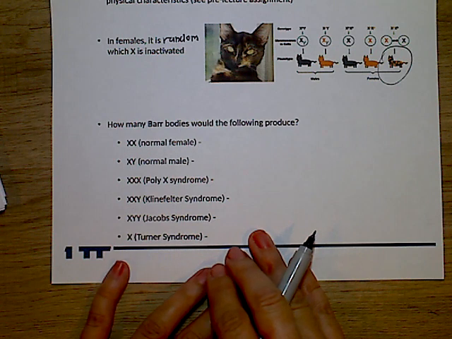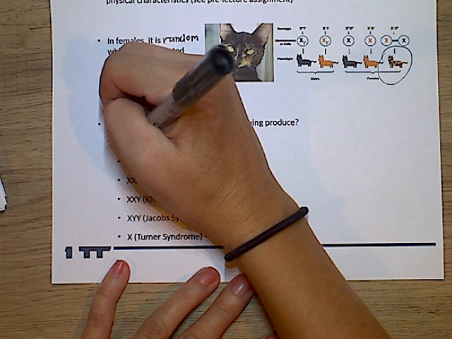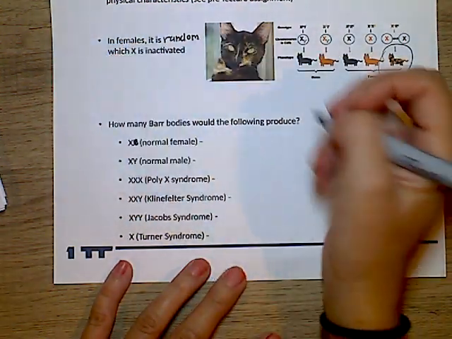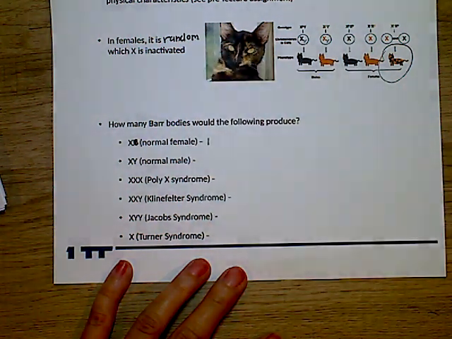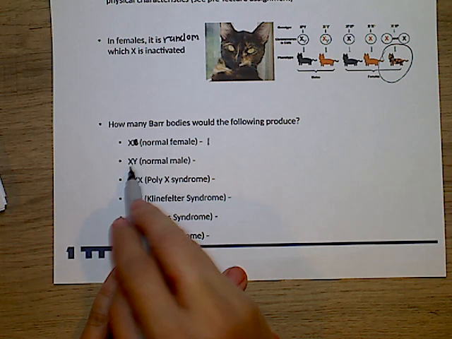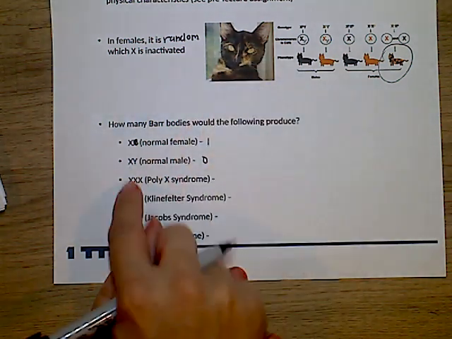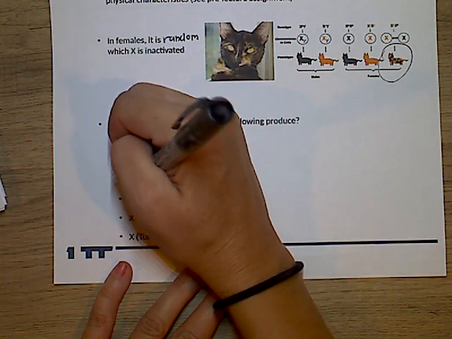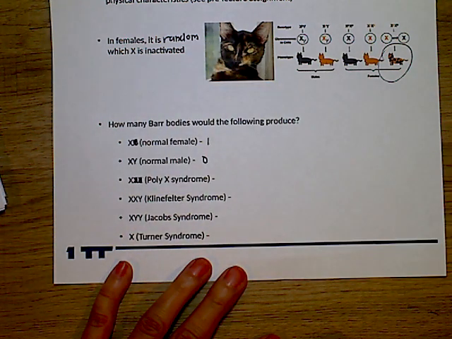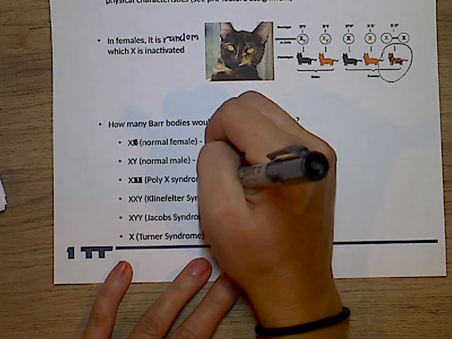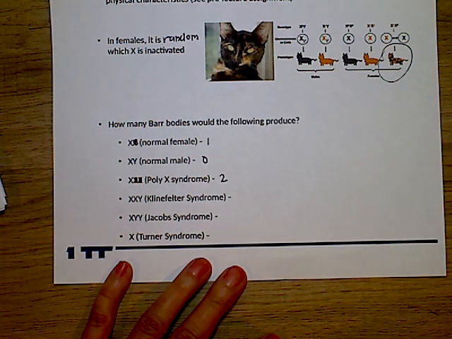So if you're asked how many bar bodies would the following produce, just if this works for you, just take 1 X out and see what you have left. You would have 1 here in a normal male. Wait, we can't take that 1 X out. This would be 0, because that's just normal male. Poly X syndrome, we would inactivate those 2, and that would leave us with 2 bar bodies.